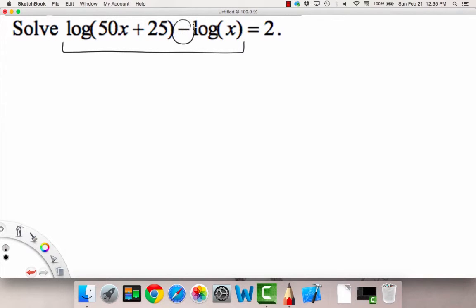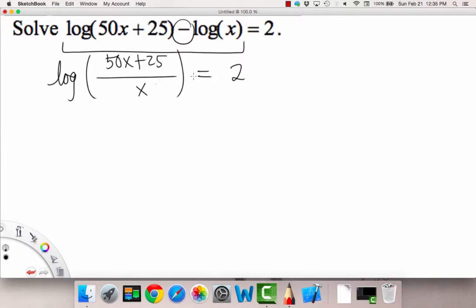And we can do that because we see a difference going on, like subtraction, right? So we know that this is actually going to be log of the first thing divided by the second thing. That's how we combine those two logs, using the difference property of logs. And then on the right side, that's just simply equal to 2. We didn't change that in any way.